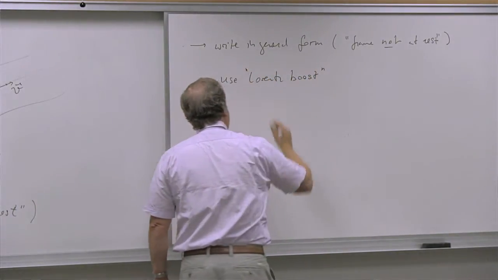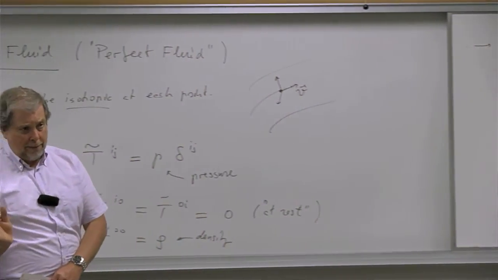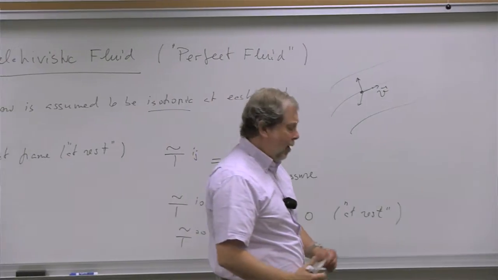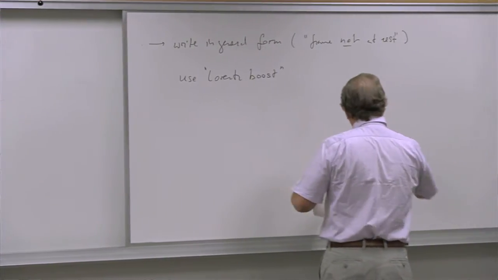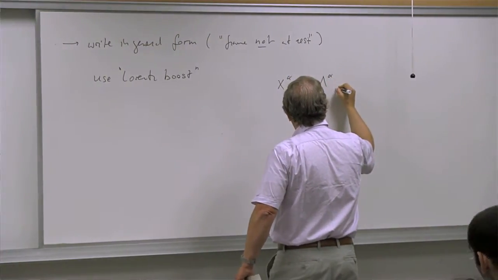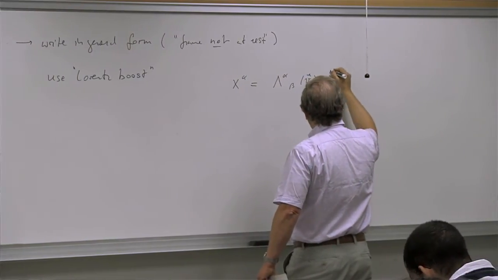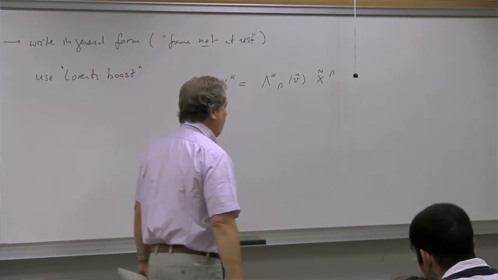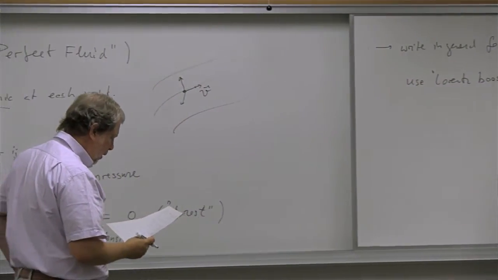So we just do one of these Lorentz transformations, because that's precisely what goes from a frame that is at rest to one that has a velocity v. So that means that x^α is going to be Λ^α_β of some velocity v times this tilde coordinate system, which is the one where the frame is at rest with respect to the fluid.